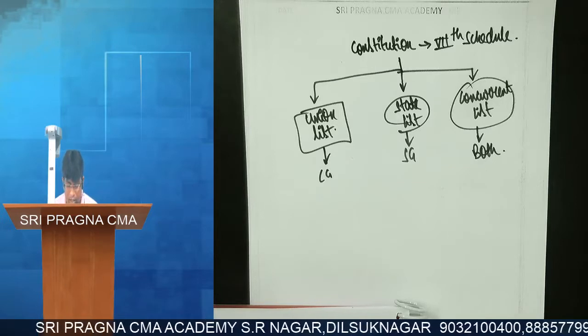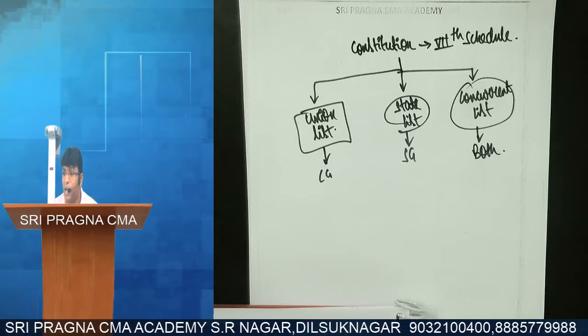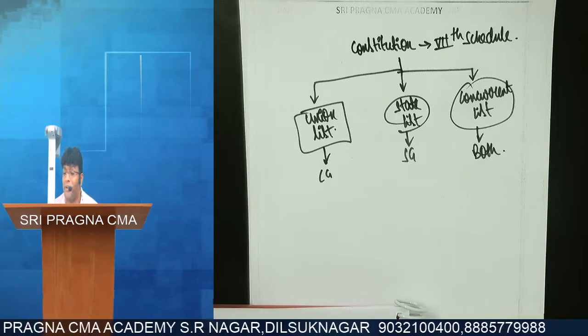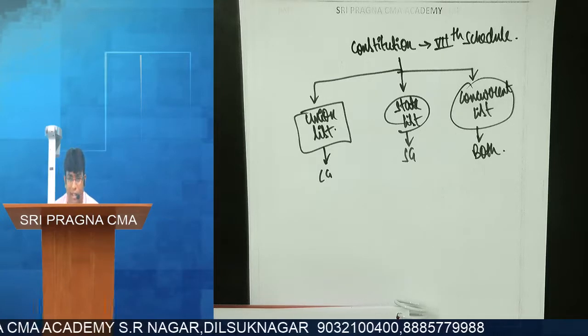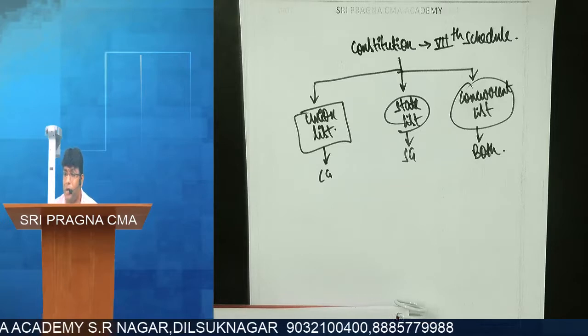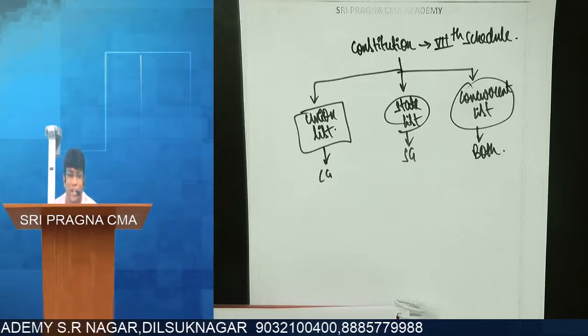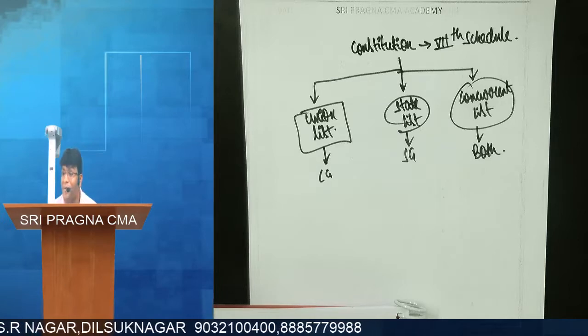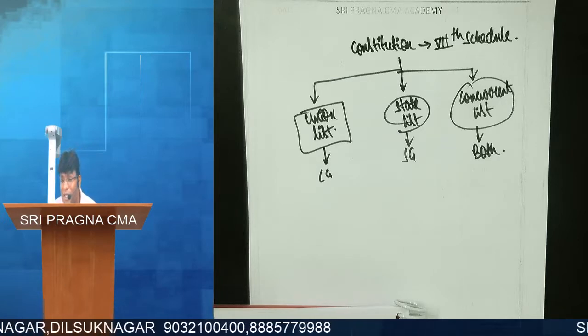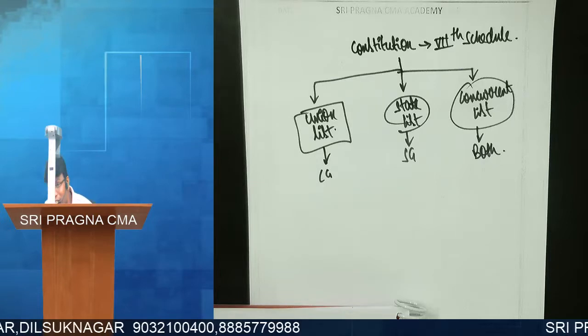Next, no multiplicity of taxes. Before, there was excise duty, customs duty, service tax, VAT, CST, luxury tax, entertainment tax, octroi, betting, gambling and lottery tax, advertisement tax. We discussed, no?